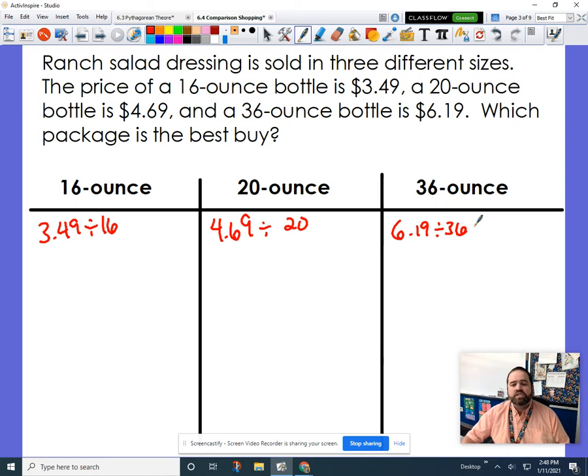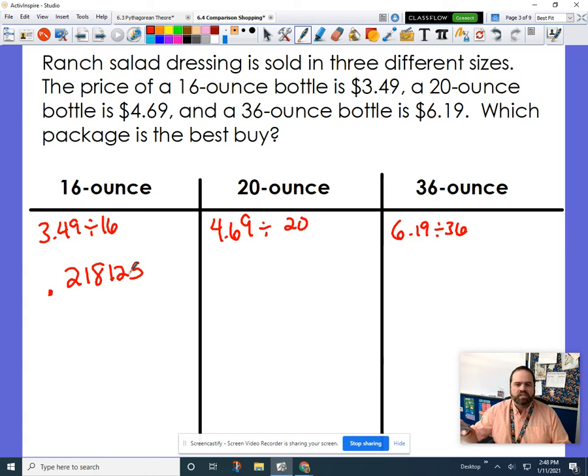Just like we've done before, it's the price divided by the number of units in that container, so in this case, the ounces in a bottle. So $3.49 divided by 16 gives 0.218125.